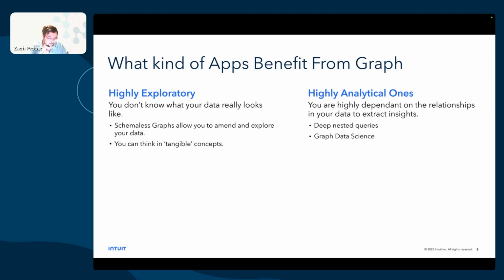You don't necessarily know how all the elements in your domain interact. You're not quite sure what the most optimal solution is. Graphs, particularly Neo4j, being schemaless, allow you to change and adapt and explore your universe of data, and touch and feel it to a certain extent.